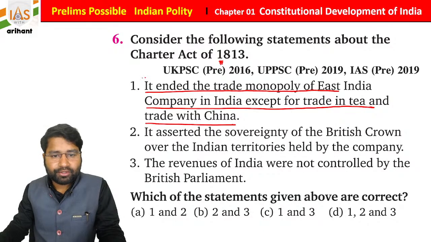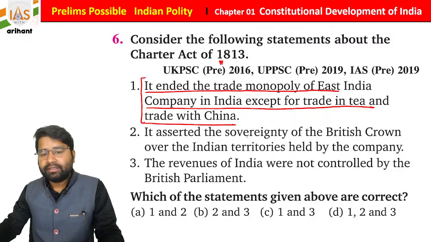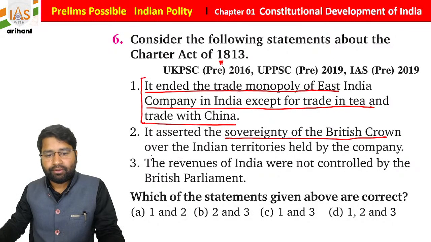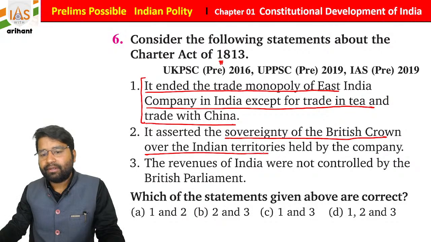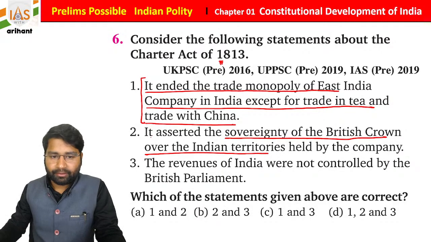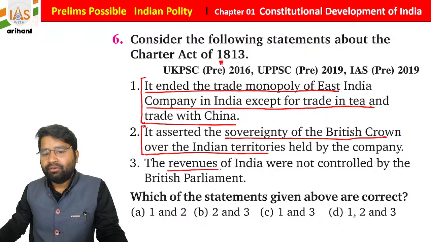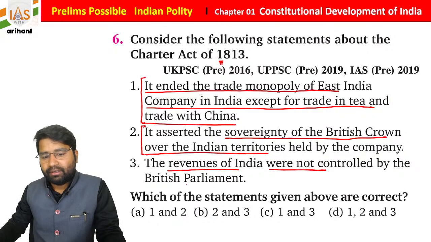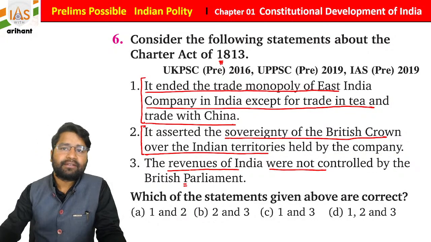Another, it asserted the sovereignty of the British Crown over Indian territory held by the company. And the revenues of India were not controlled by the British Parliament. Now, what will be the right answer for this?